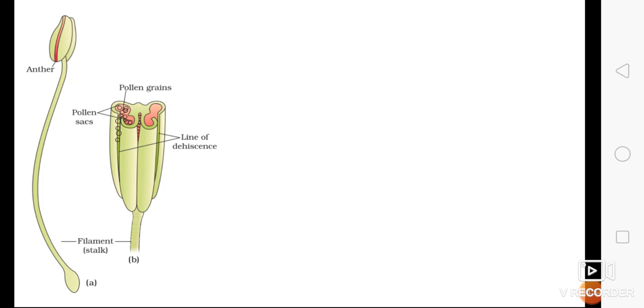So you can observe 2 diagrams. First one, it is the member of androecium. Its name is stamen. Stamen has mainly two parts. There is a long stalk for stamen. Its name is filament.